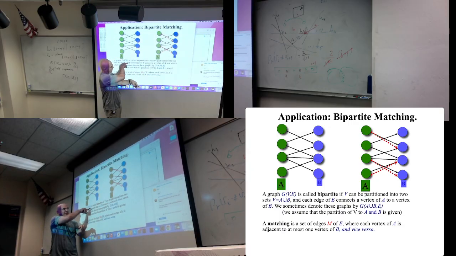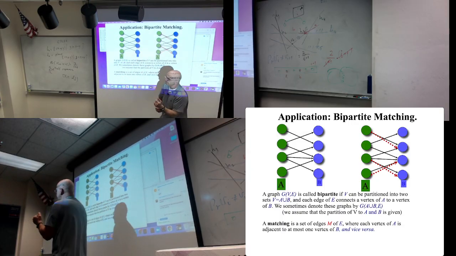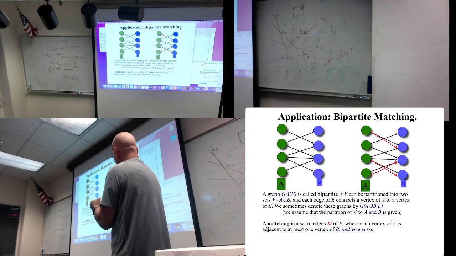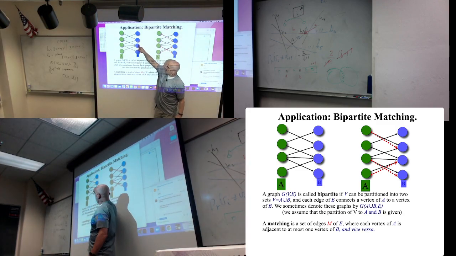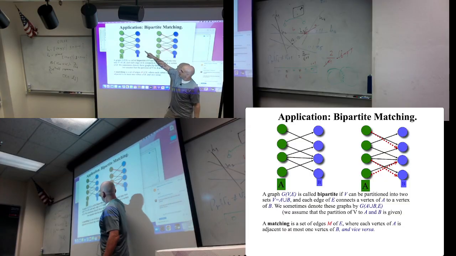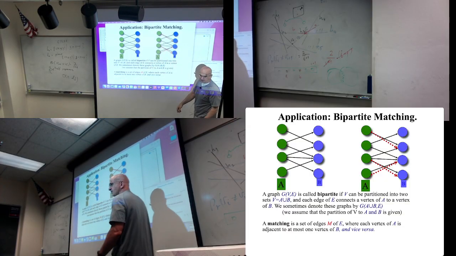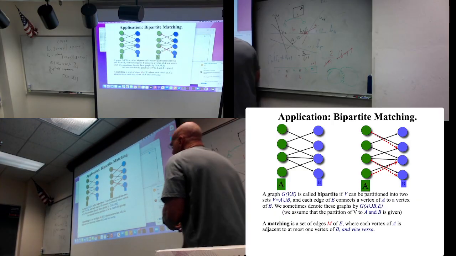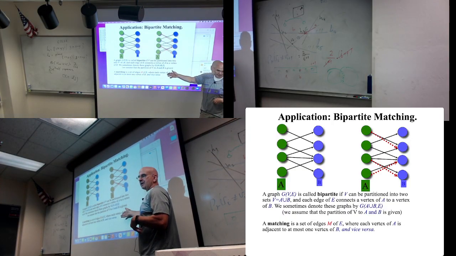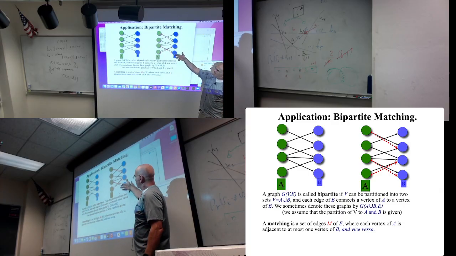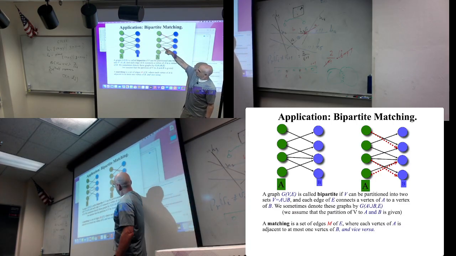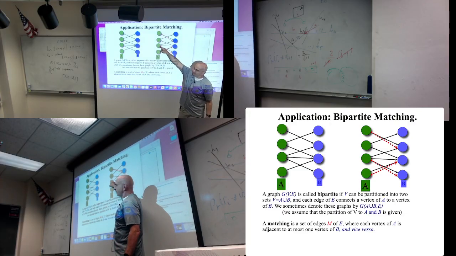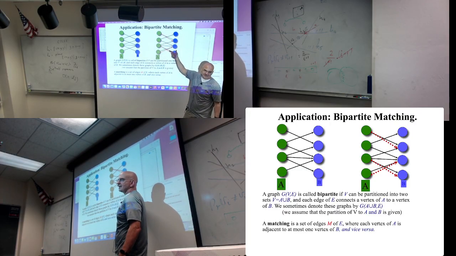To make the graph a bipartite graph, it needs to have the property that every edge connects one vertex of A to one vertex of B. I don't have any edge that connects two B's, and I don't have any edge that connects two A's. What is a matching in this graph? It's a subset of the edges such that every edge in the matching connects a vertex of A to a vertex of B. Well, it's bipartite, that's obvious.